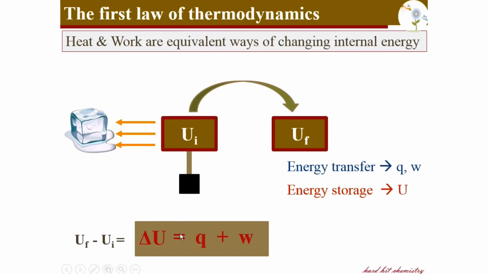This is the mathematical form of the first law of thermodynamics, that is, the change in internal energy accompanied in a process can be expressed as a combination of heat and work associated with that process. Or you can say energy transfer occurs in the form of heat and work, whereas energy storage occurs in the form of internal energy.